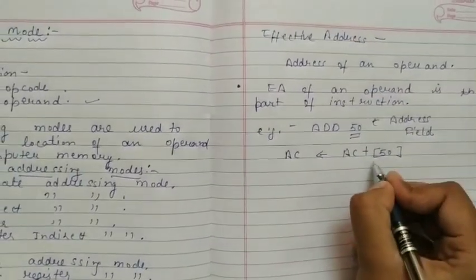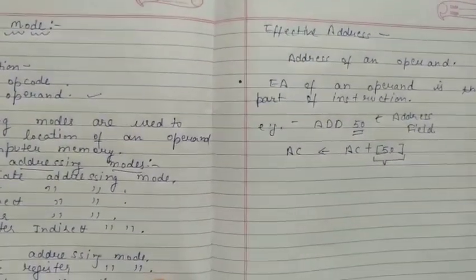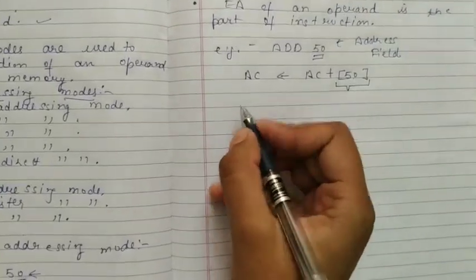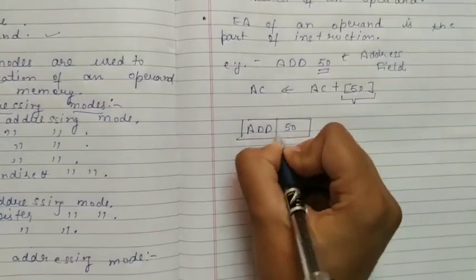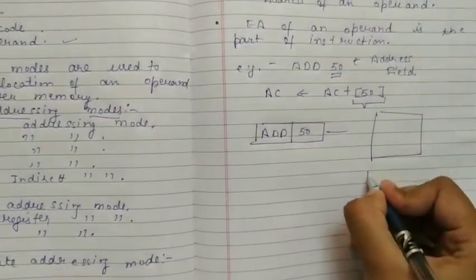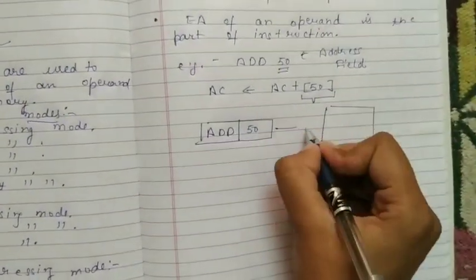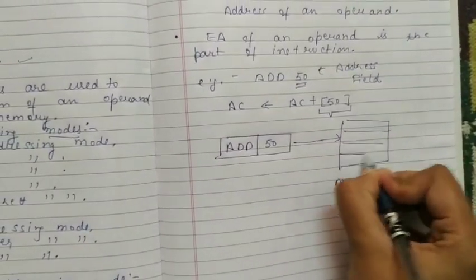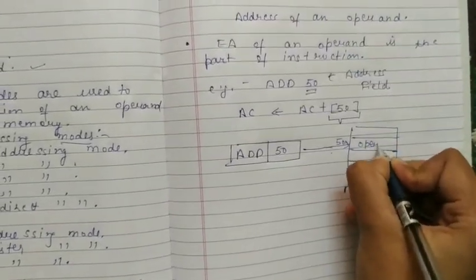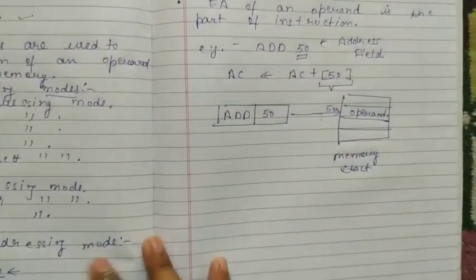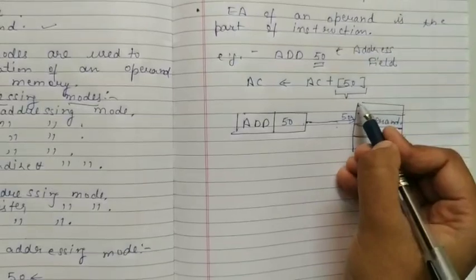So this representation shows that 50 is the memory location, or graphically we can represent it as add 50. Here we have the memory stack, and this 50 is the memory location. At this memory location we have the operand stored. Now the CPU will consider 50 as the address of the memory location where it can find its operand.